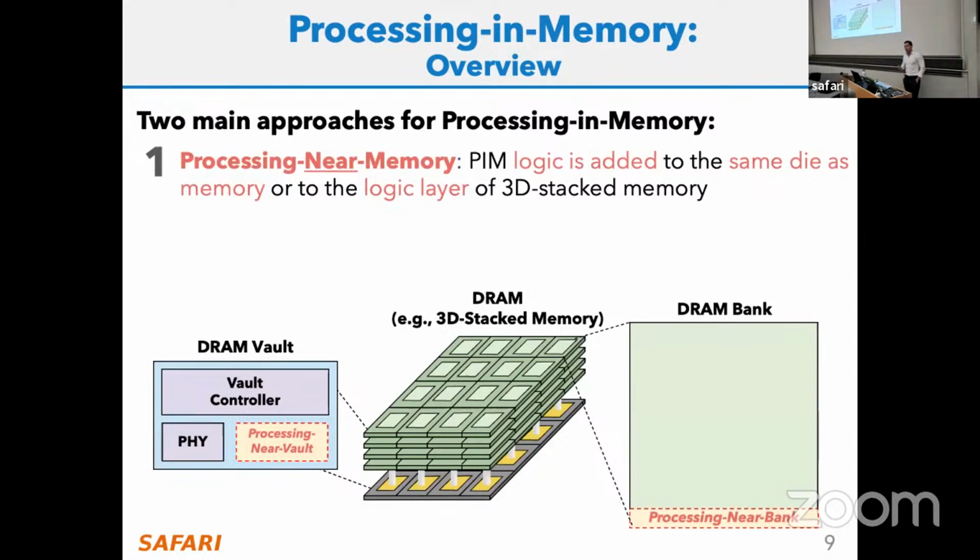But it's different from a compute-centric approach: we take this logic and move it closer and closer to the memory array itself. The closer the logic is to the memory array, the larger the memory bandwidth and the shorter the memory access time that logic is going to be able to take advantage of.